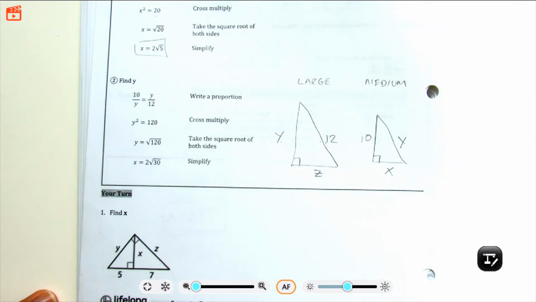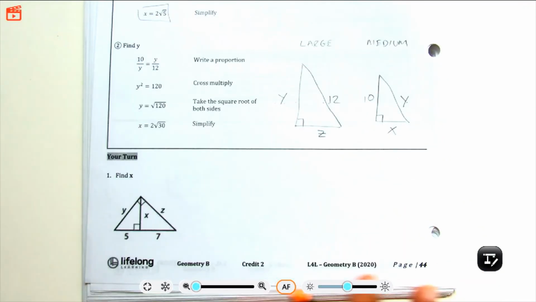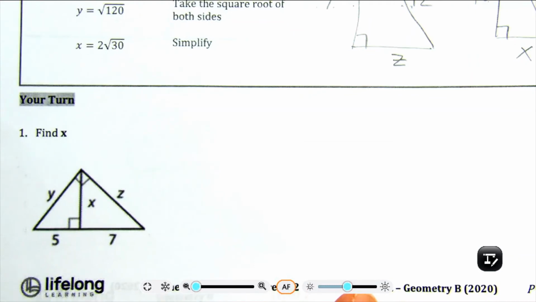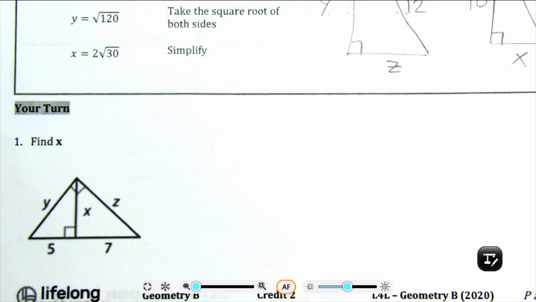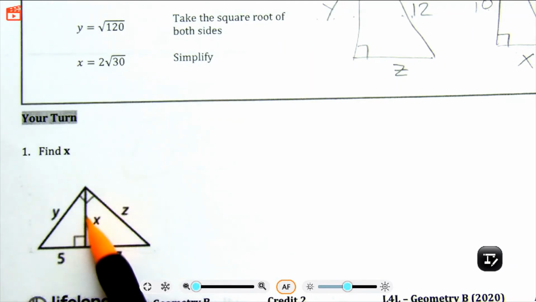Okay, so now let's try one problem together. If you want to pause the video here and try this problem on your own, you could do that. If not, just continue playing the video. So let's look at the triangles that we have. We have the large triangle here. We have our medium triangle here.